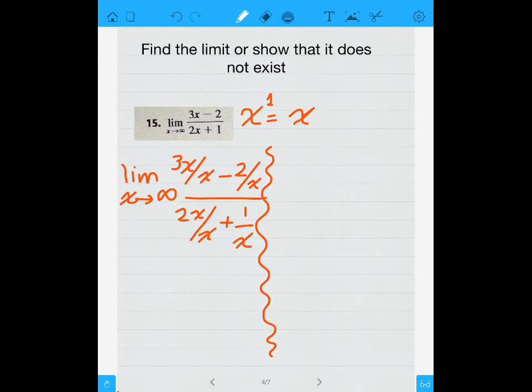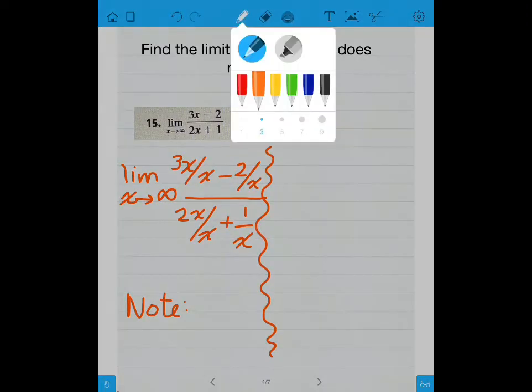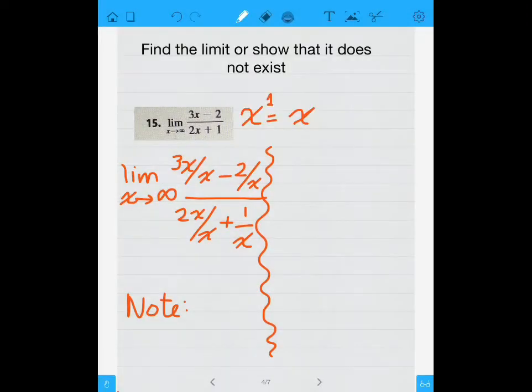Remember, here we have a note: the limit of 1 over x when x approaches infinity is always 0. Why? Because 1 over infinity is 0, because the graph of 1 over x is like this.